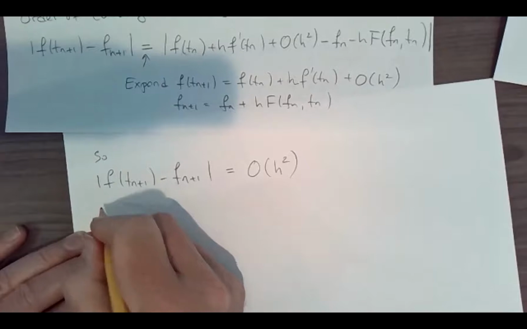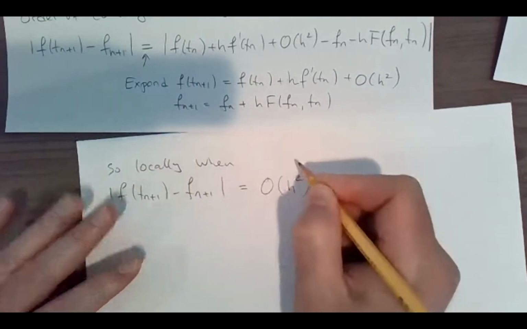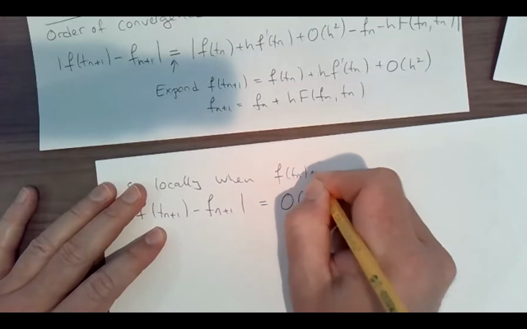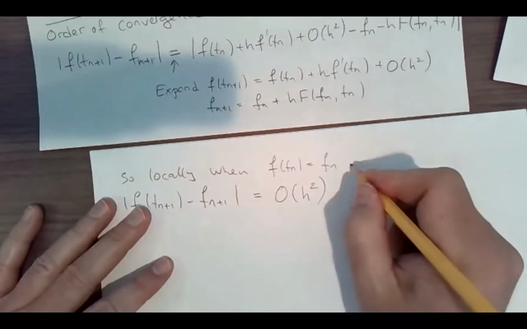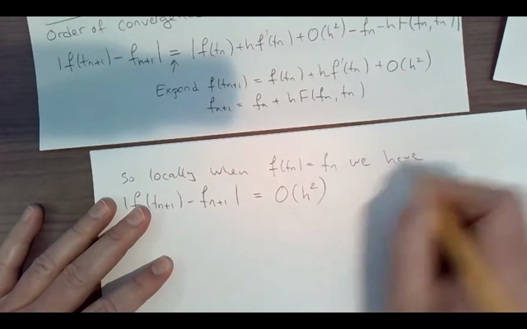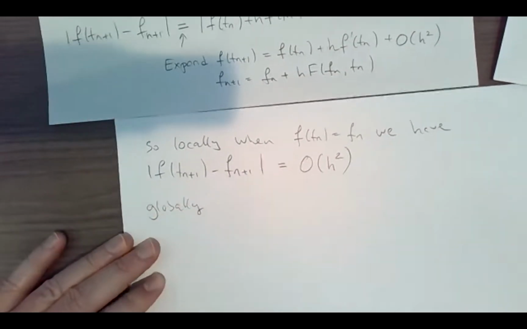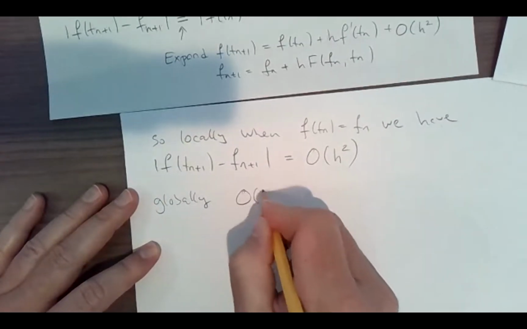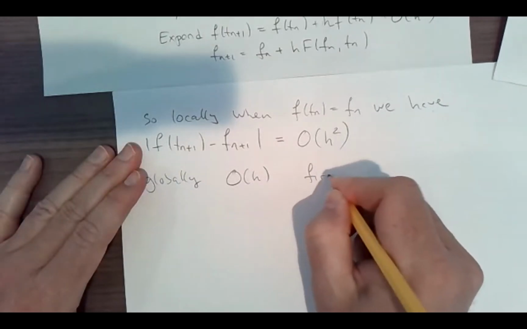This was local, so locally, when f of Tn is equal to Fn, we'll have this. And globally, you'll have to add them up. You go down one. Globally, you'll have O of h. So this is first order.